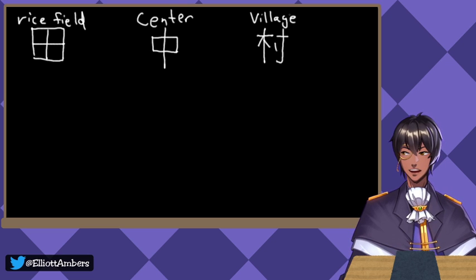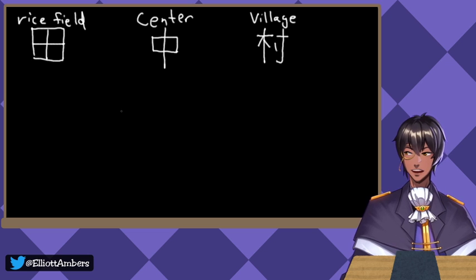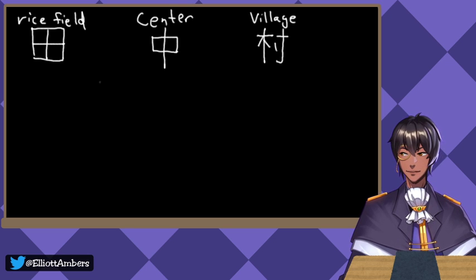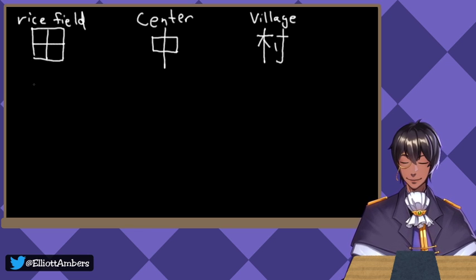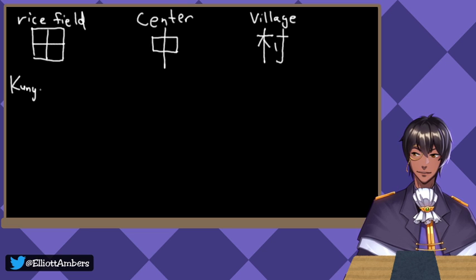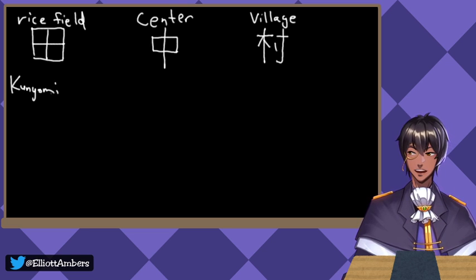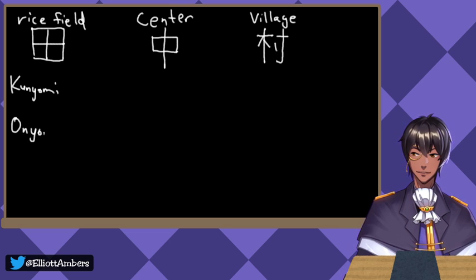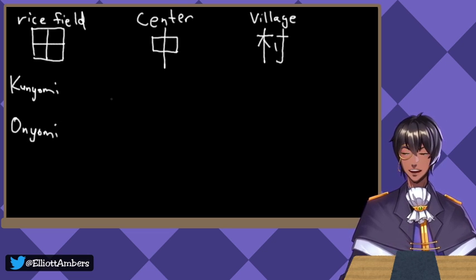To start this off, let's talk about the pronunciation here. Back when I did my first lesson on kanji, we talked about there being two ways we pronounce kanji. There's the kunyomi, or the Japanese reading, and the onyomi, which is the traditional Chinese reading.